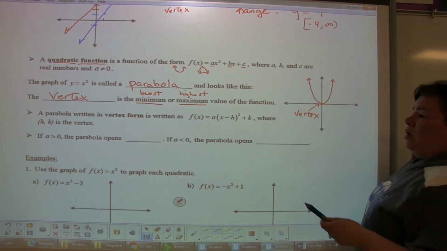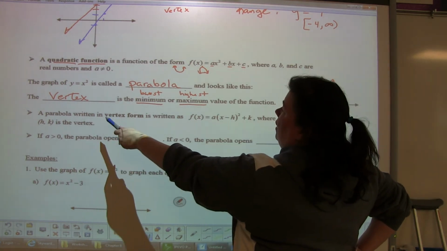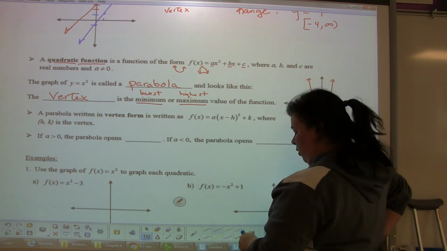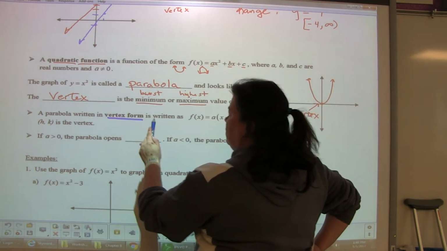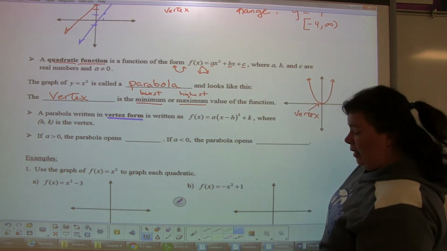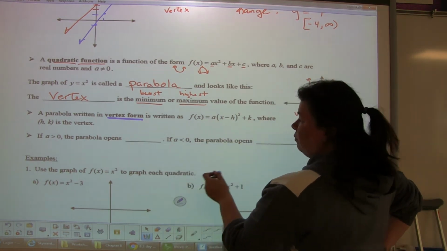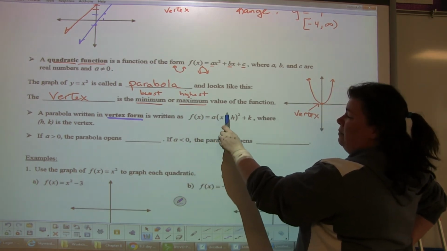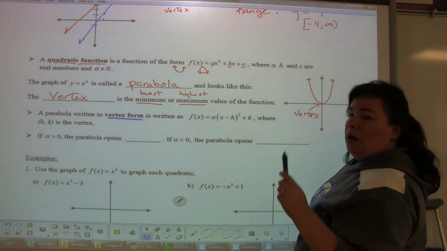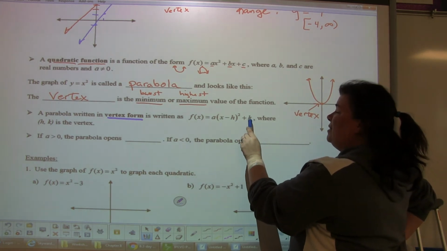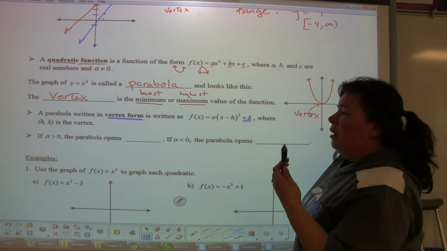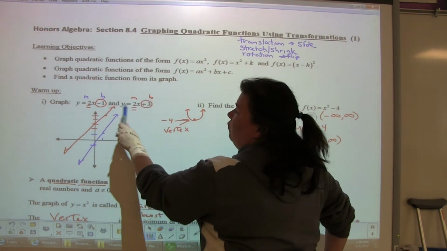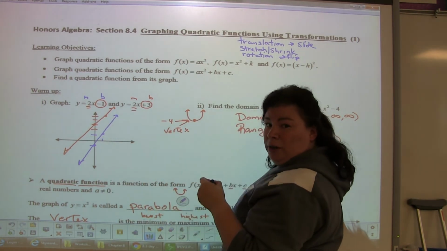Okay? So we're used to seeing a quadratic equation written in standard form, but now we're going to talk about a parabola in vertex form. Now this looks pretty odd, but vertex form is written where f of x equals a times the quantity x minus h squared plus k. K is just like our linear equation, where it tells us our movement up or down vertically.